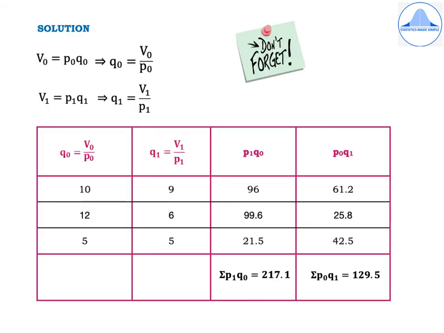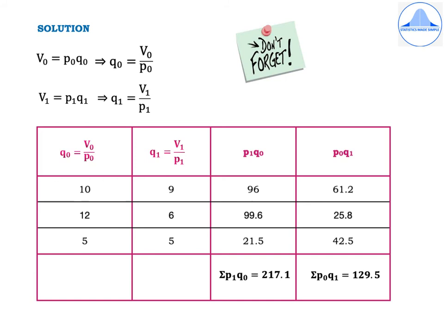So for this problem, since the prices and the values for the base year and current year are given, we first need to find out the quantities for the base year and for the current year and do further calculations. So start the solution with V0 equal to P0 Q0, which implies that Q0 is equal to V0 divided by P0. Similarly, V1 is P1 Q1, or Q1 is equal to V1 divided by P1. So forming the columns, Q0 is equal to V0 by P0. We get the values as 10, 12 and 5.